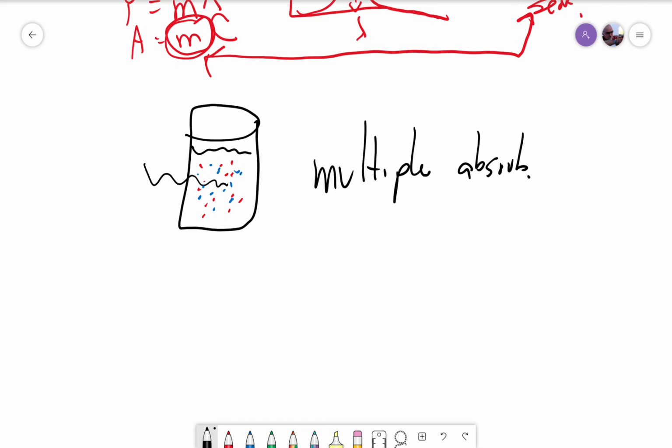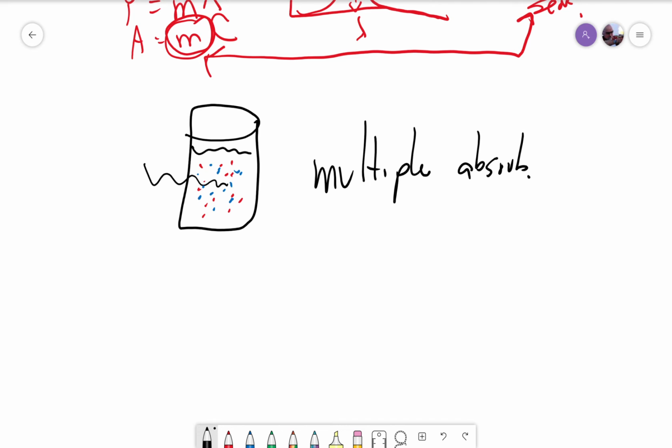Fortunately, this is a pretty straightforward and easy problem. What we look at is that if this light goes through, what is the probability of A, the photon interacting with one of those molecules, bumping into it, and B, what is the probability that that molecule is actually going to absorb that photon?